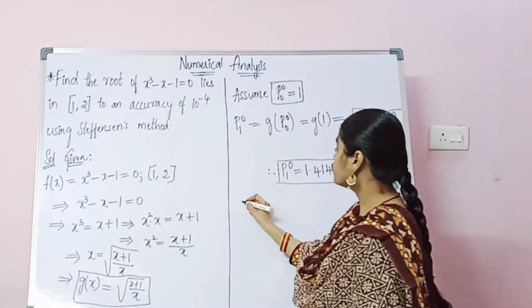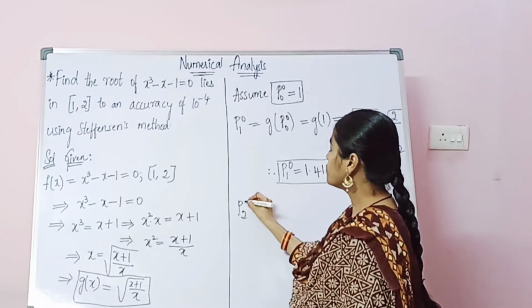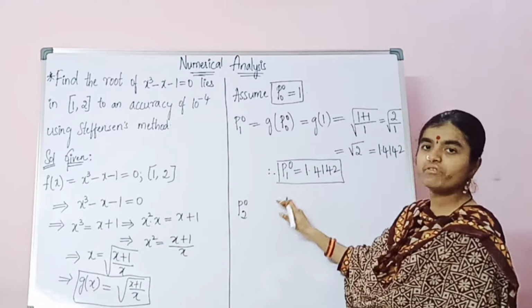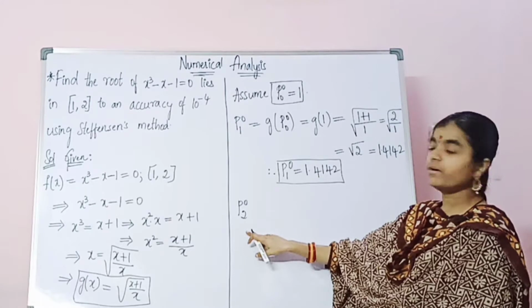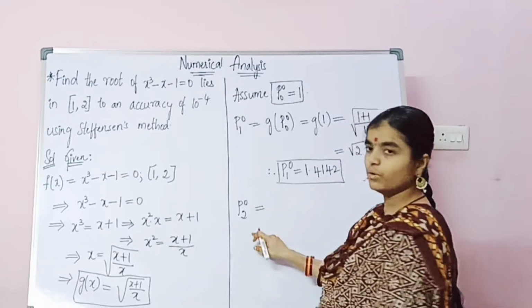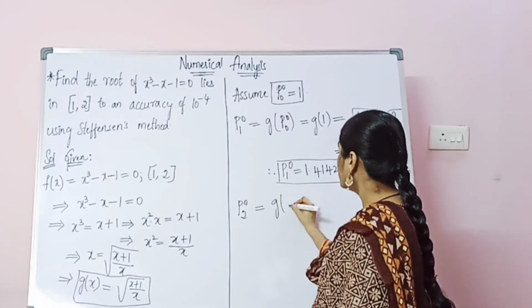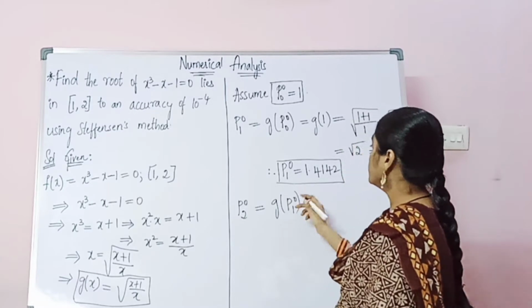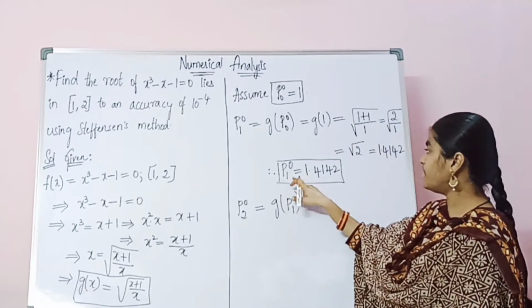Next, p2 power 0. We have to know the value of p2 power 0. After knowing p1 power 0, what we have to know? p2 power 0. So p2 power 0 equals to g of p1 power 0. Now only we got the value of p1 power 0.